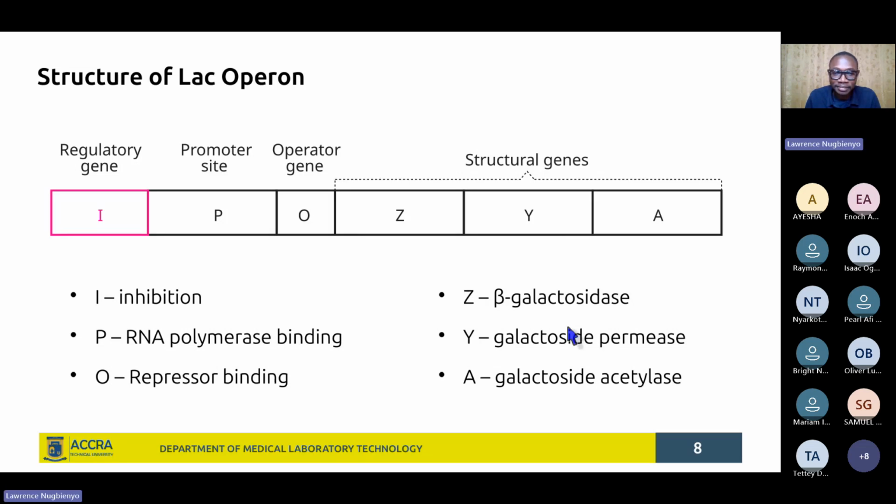That is an enzyme. The region Y, when expressed, codes for galactoside permease. That is also an enzyme. And the region A is coding for another enzyme, galactoside acetylase.